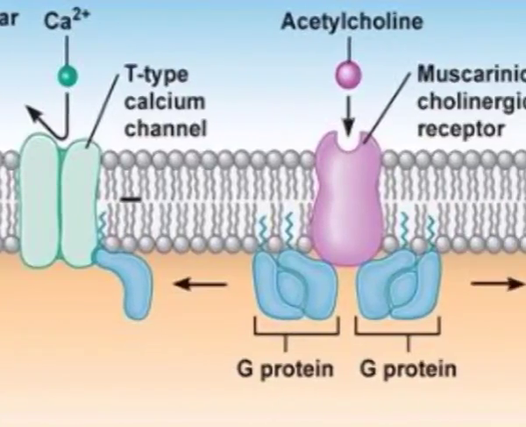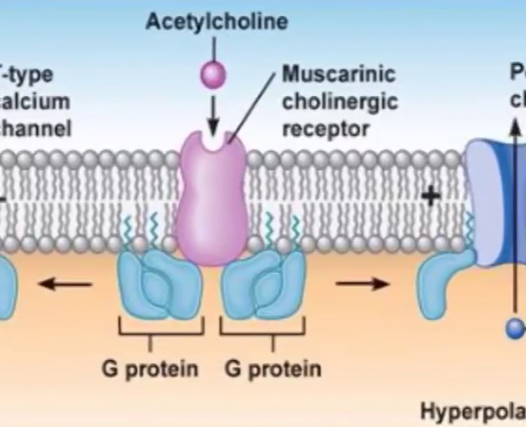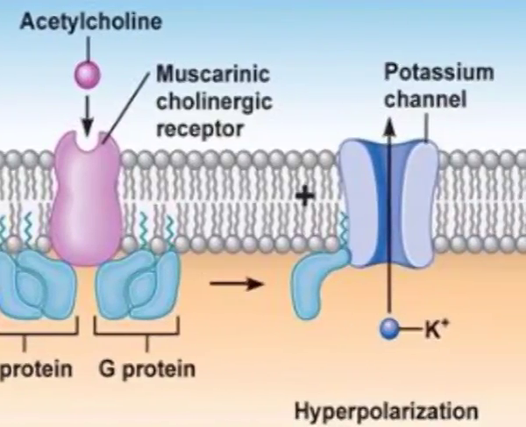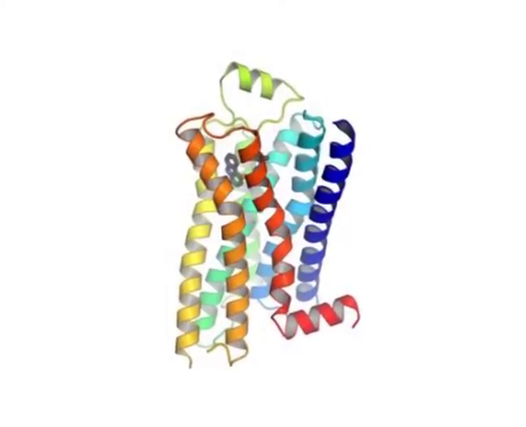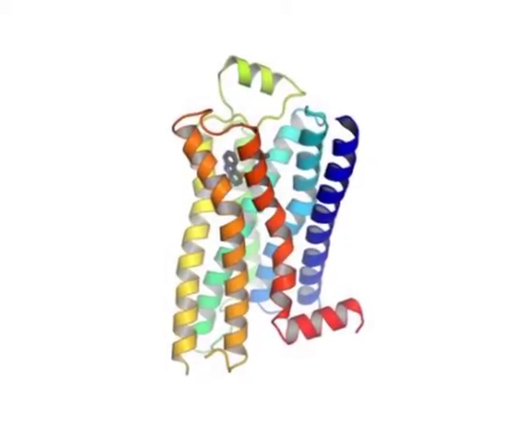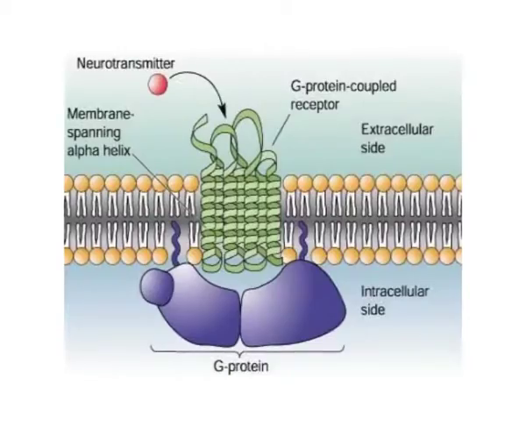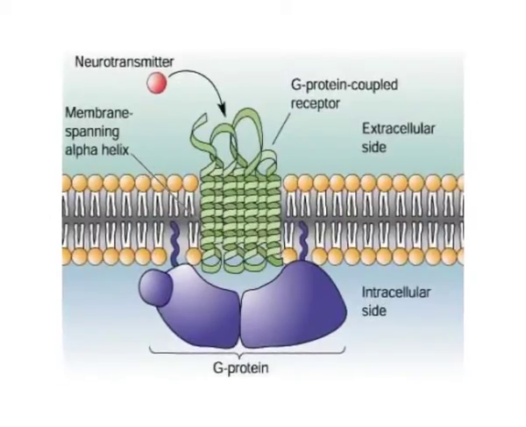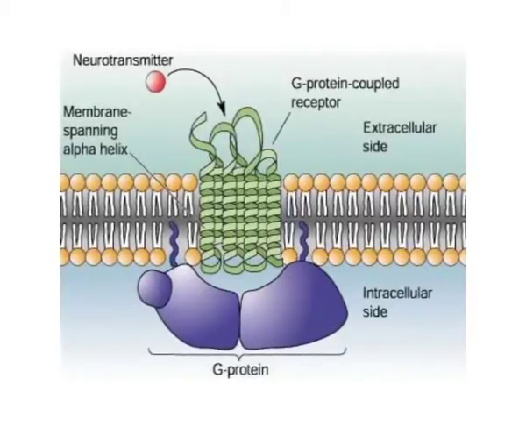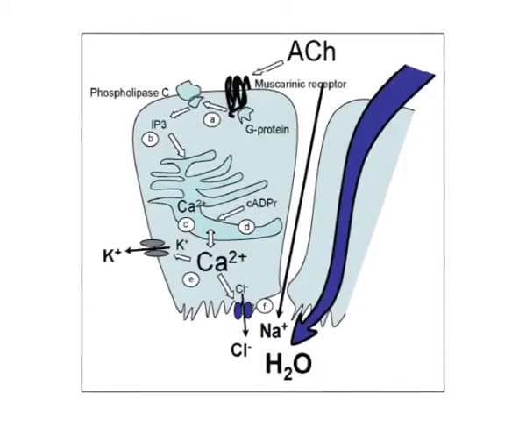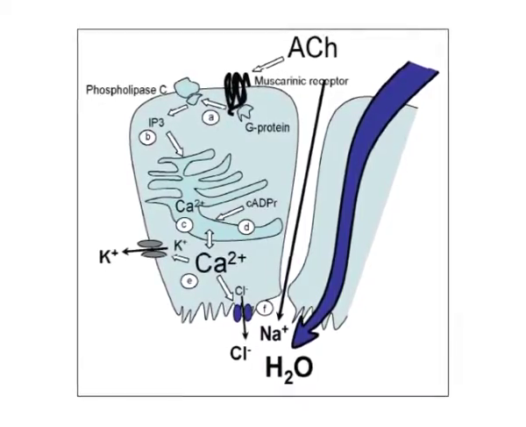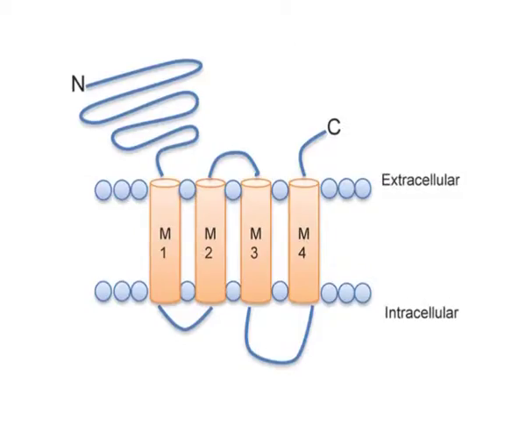Muscarinic receptors are G protein coupled receptors having 7 protein helices that transcend the plasma membrane, creating 4 extracellular domains and 4 intracellular domains. Acetylcholine binds with the extracellular domain while intracellular domains couple with G protein to initiate biochemical changes which result in pharmacological action.